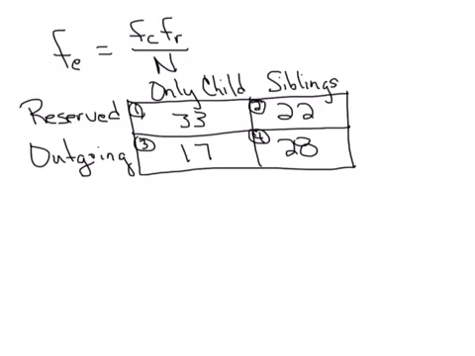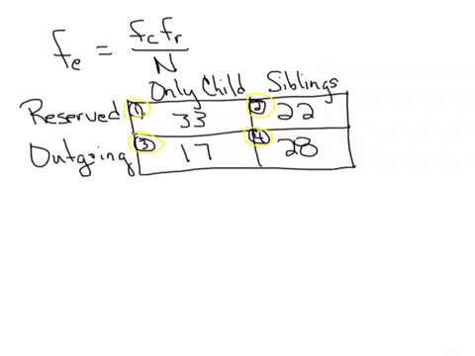Okay, so I have my table, and I have highlighted what cells I'm focusing on by numbering them. So I have cell 1, cell 2, cell 3, and cell 4.